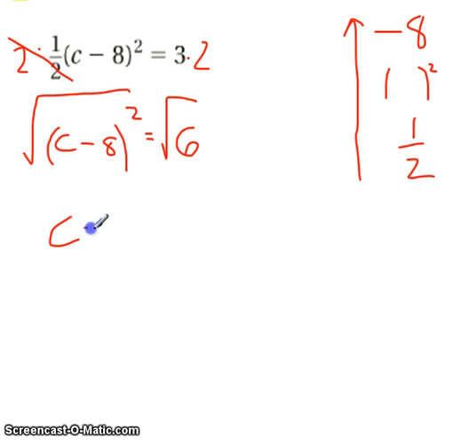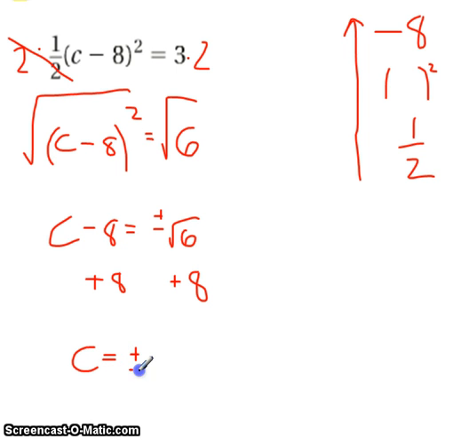That leaves me with c minus 8 equals plus or minus radical 6. And then adding 8 to both sides to isolate the c will give me the final answer. c will equal, we write that as plus or minus radical 6 plus 8.